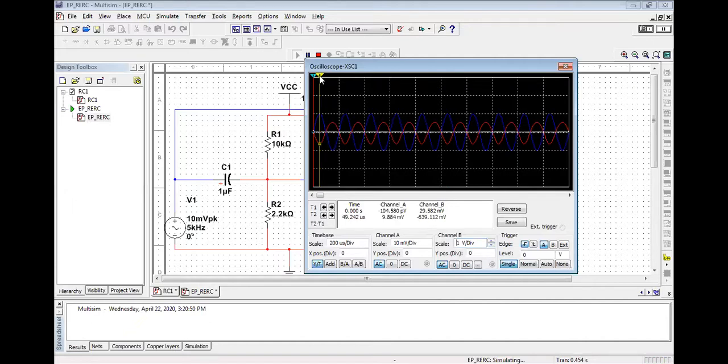So 0.2 is here, and 0.1, I am going to keep it as positive. Okay, so I hope you have the maximum amount of voltage at this point. It is positive. And T1, right?